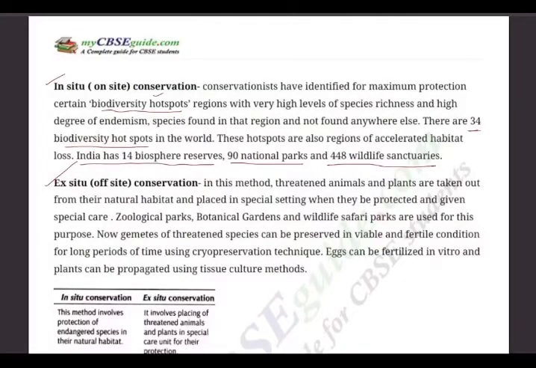Biodiversity hotspots, as you all know, are the areas characterized by very high levels of species richness, a high degree of endemism, and also accelerated habitat loss. Ecologically, hotspots are determined by four factors: first, number of species diversity; second, degree of endemism; third, degree of threat to habitat due to its degradation and fragmentation; and fourth, degree of exploitation.